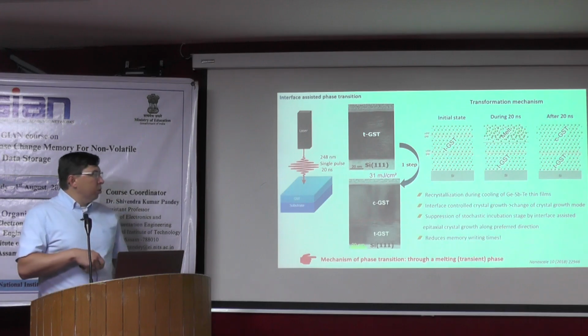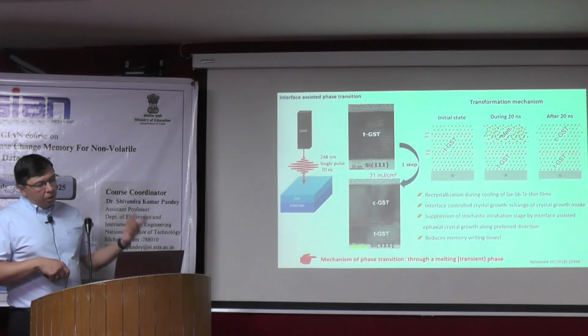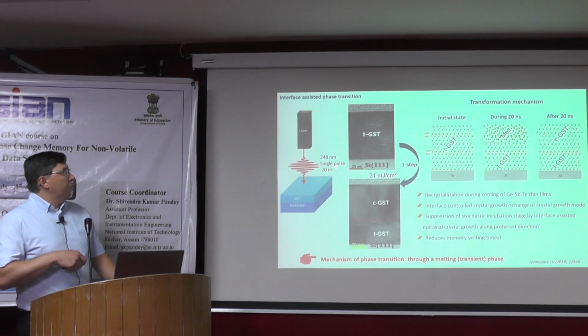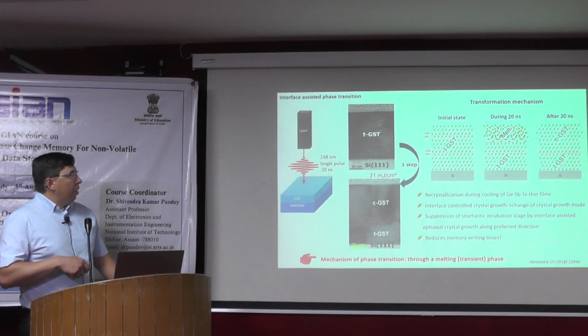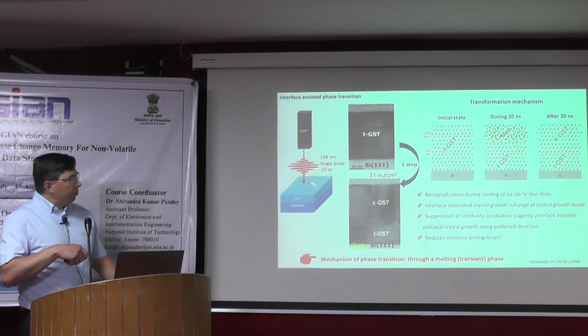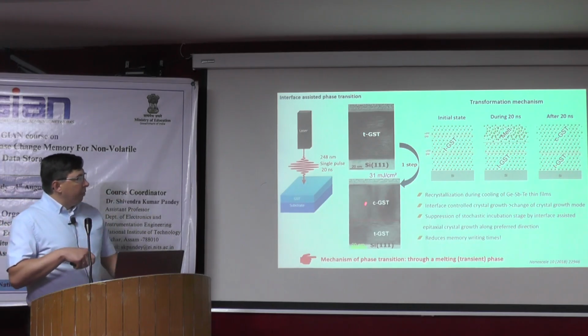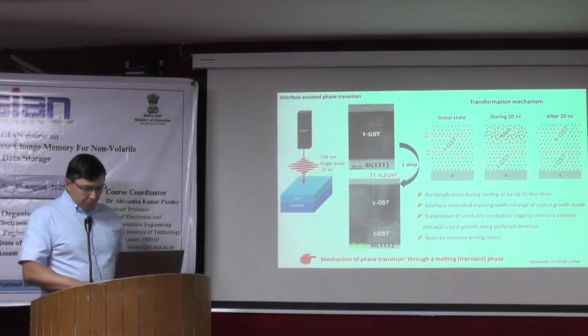But it can also be used for multi-level data storage: if you adjust the pulse duration or the energy of the laser, we can adjust the volume of the transformed phase, from a high amount to a low amount.